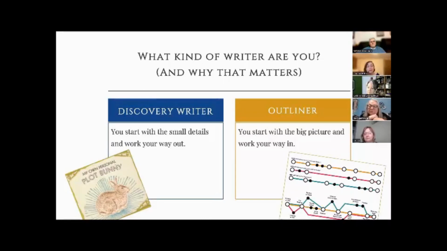But generally, I have found that people tend to lean towards one way of writing or the other. And as I said, there's no one right way to write a book, of course. So one isn't better than the other, but it can be really helpful when you're looking at your manuscript with an editorial eye to understand what type of writer you are.